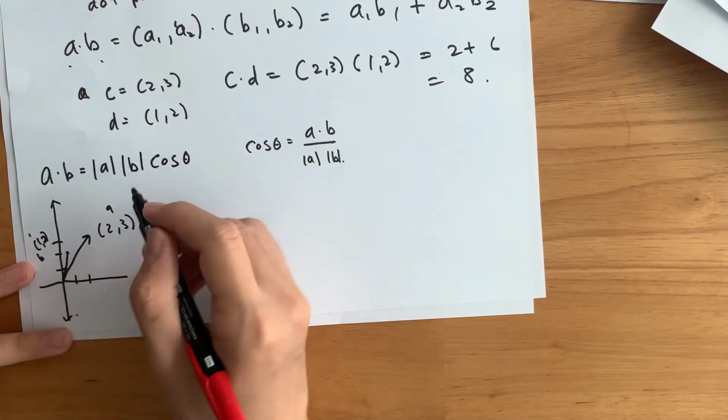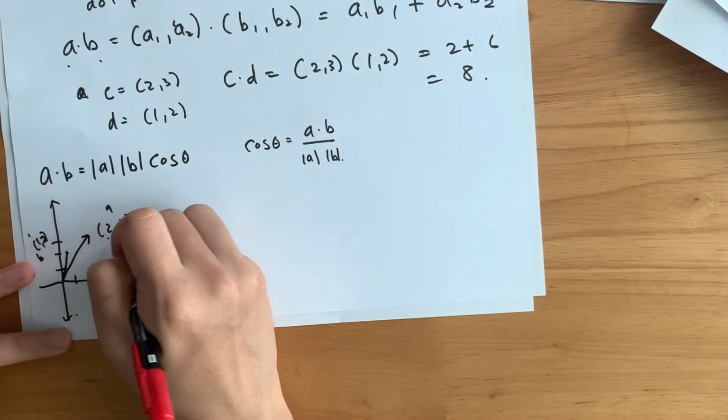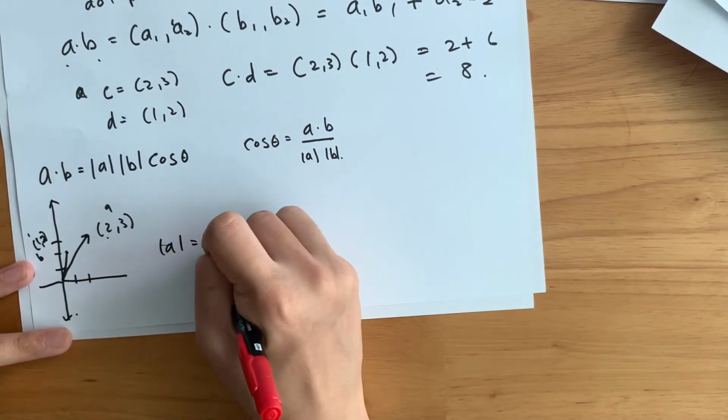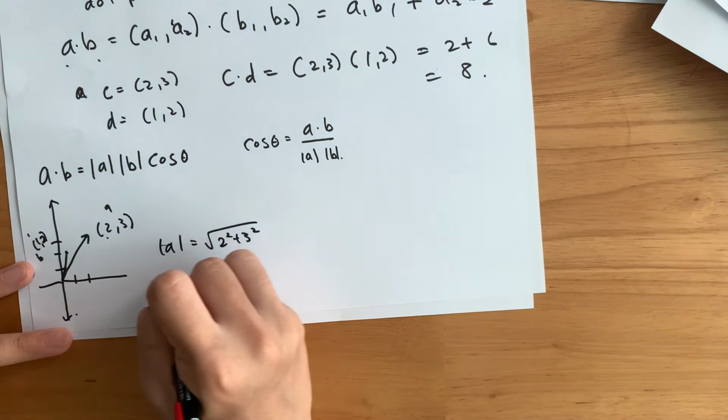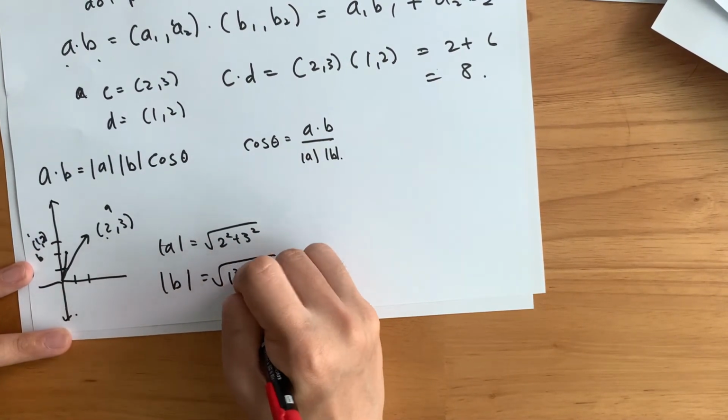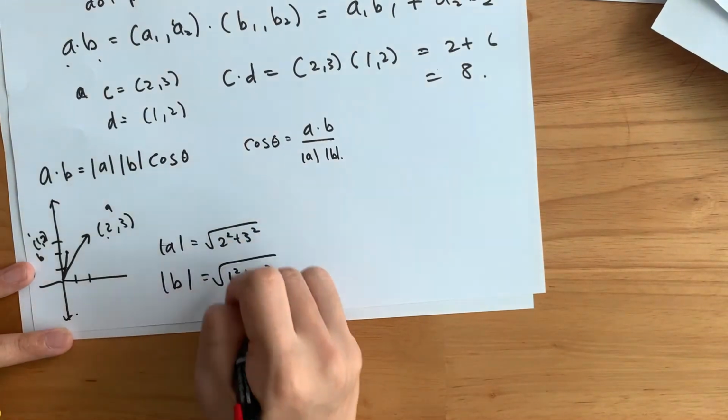Then what is the length of it? This one is just square root of 2 squared plus 3 squared, right? And for B, 1 squared plus 2 squared, using the Pythagorean theorem.